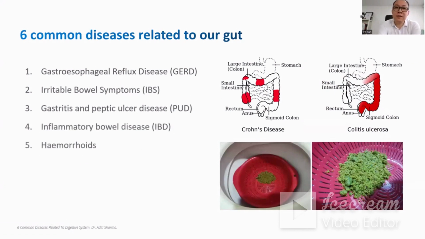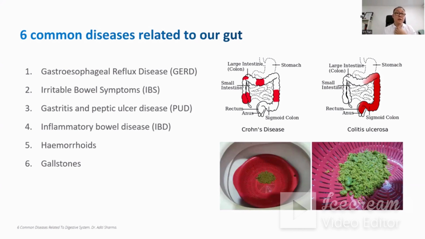And these are the 6 common diseases related to our guts. Quite common, really quite common. The first one is gastroesophageal reflux disease, GERD, where gastric acid refluxes from your stomach and burns your throat, your esophagus.